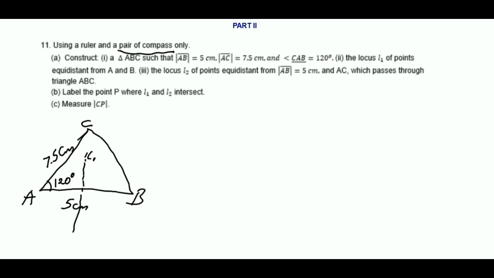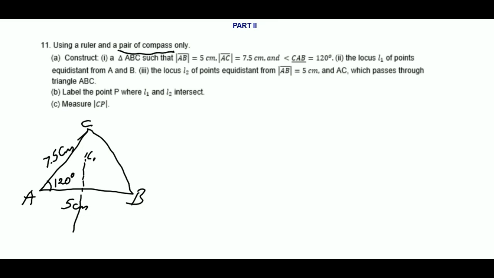And the locus L sub 2 of points equidistant from AB and AC. Another rule is that whenever you have the locus of a set of points equidistant from two line segments, that locus is going to be the angle bisector of the angle between those two lines.